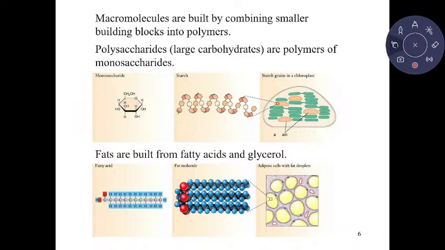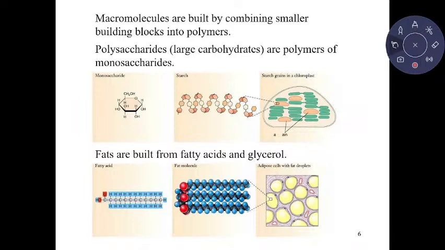Like carbohydrates, large carbohydrates, which are polysaccharides, that are polymers of monosaccharides. It means monosaccharide units are combined to form polysaccharide molecules.